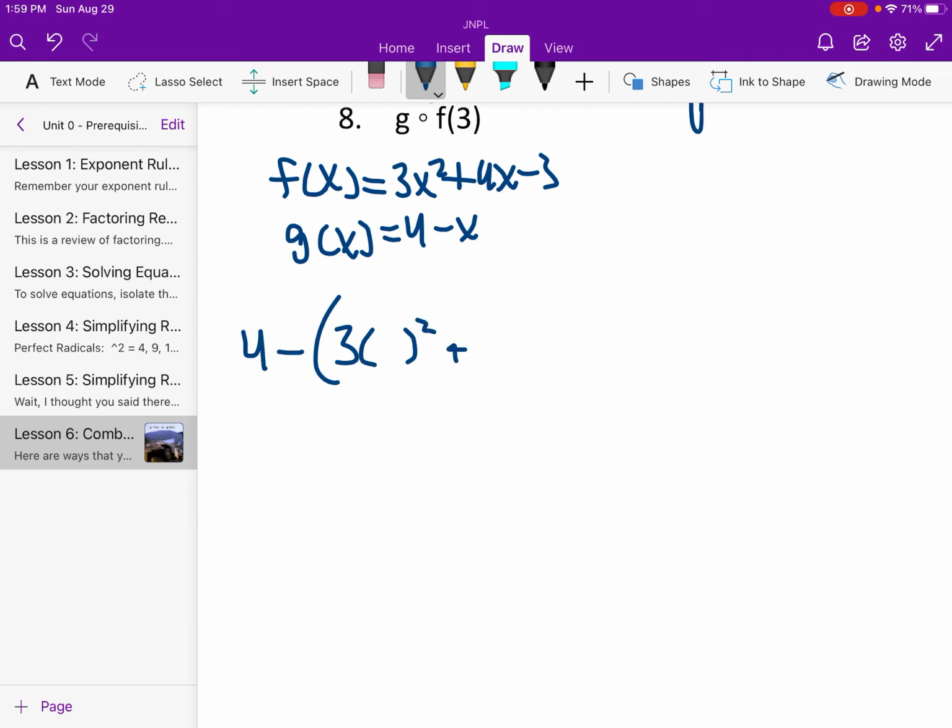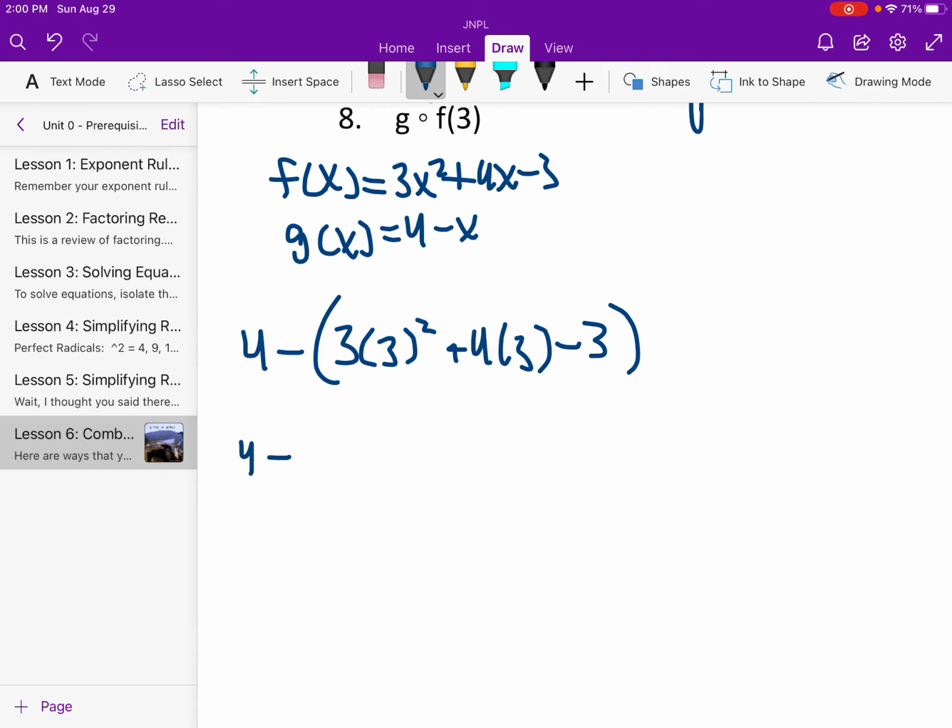Leave this open for now. This is the x spot for the g of x function. And I didn't put x's there for the f because it's f of 3, so we need to put 3's in there.